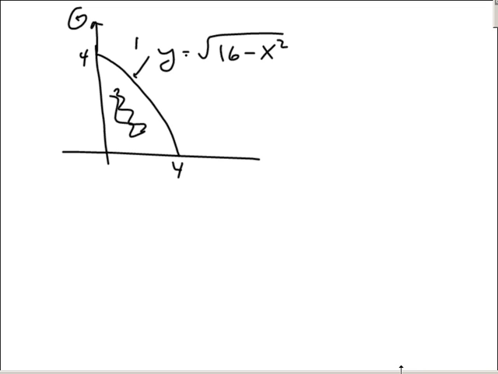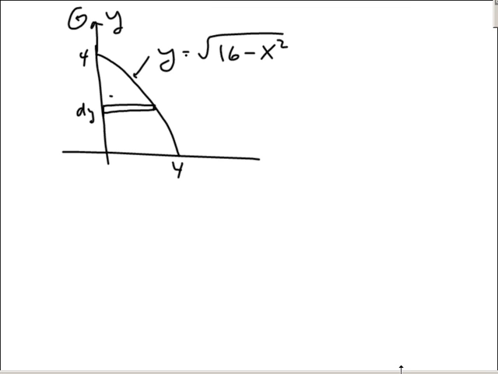You're given the picture. You want to revolve that region around the y-axis. Okay, so you draw your rectangle horizontal to the x-axis, or perpendicular to what you're revolving around.